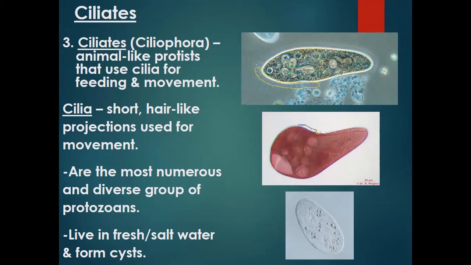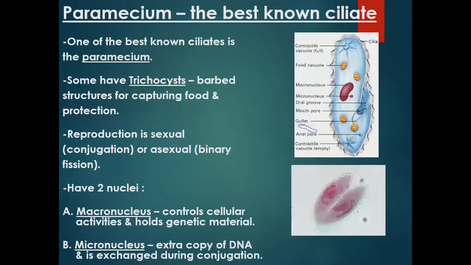One known sample to represent the ciliate group is the paramecium. So this is a paramecium, all of it. The three images are all paramecium. Cilia is a short hair-like projection used for movement.